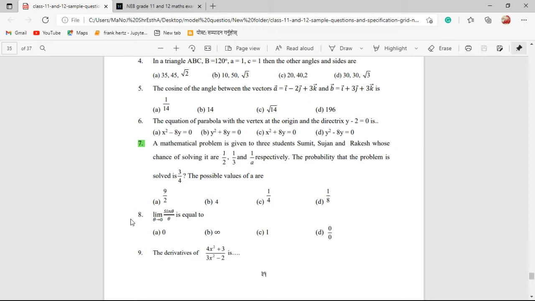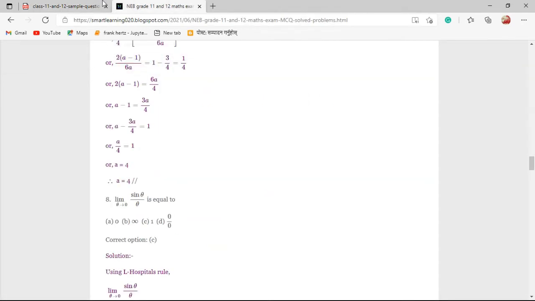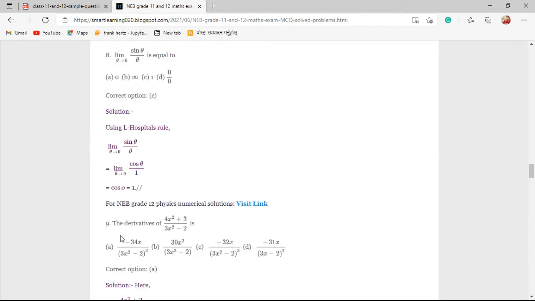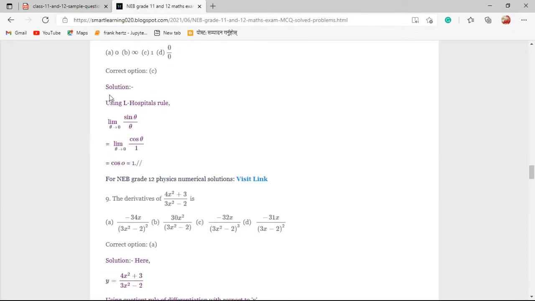So you can get the correct answer any way you want, the fastest and easiest way. The solution I have given here uses L'Hospital's rule to solve this limit problem. For this, I calculated the derivative of sin theta and theta.